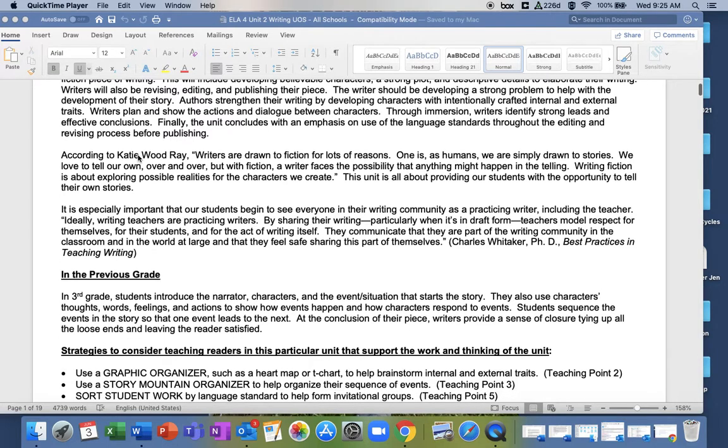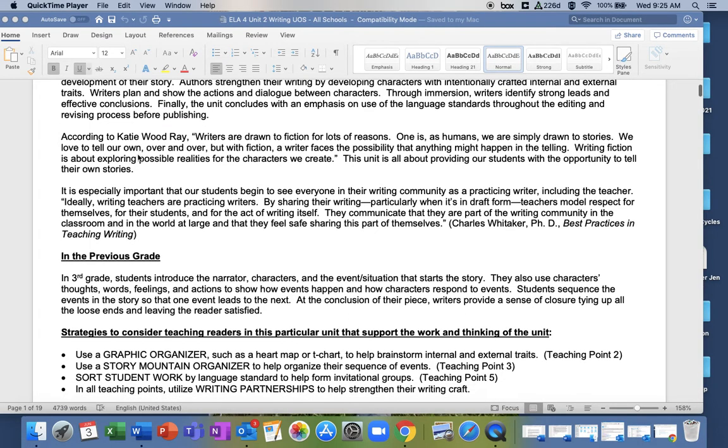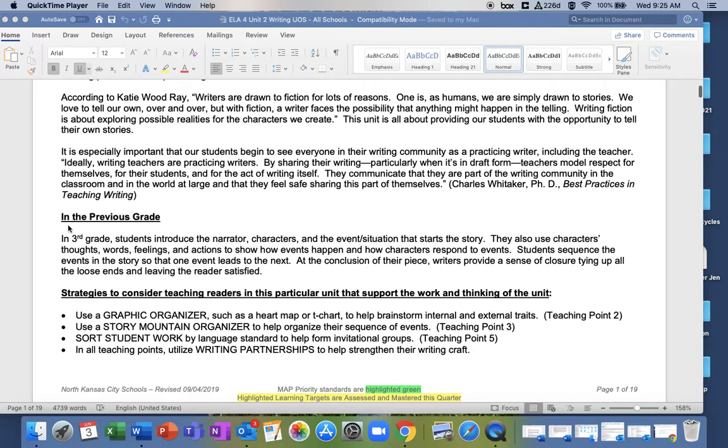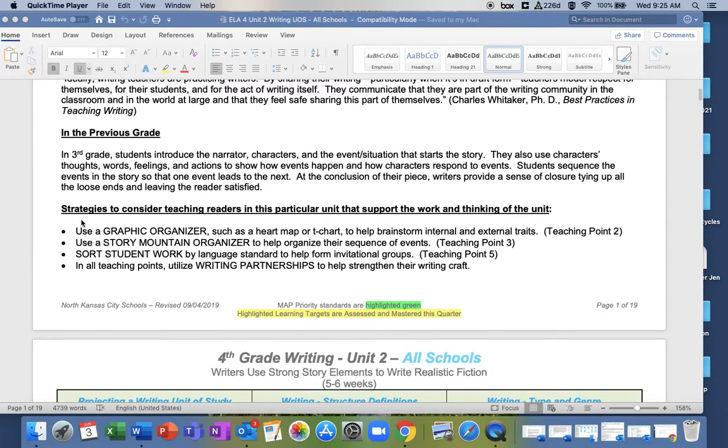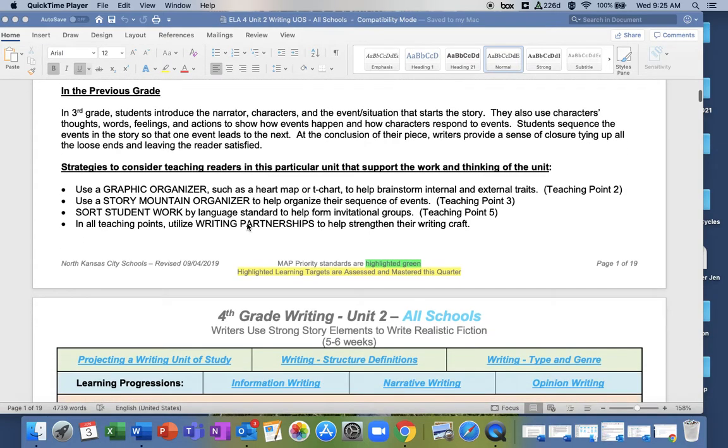So it tells you what the students will be going through throughout the unit. It also talks to you a little bit about what your students are coming to you with. So in grade 3, it'll say what they did within narrative writing. Right here, it offers different strategies to consider using throughout this unit.